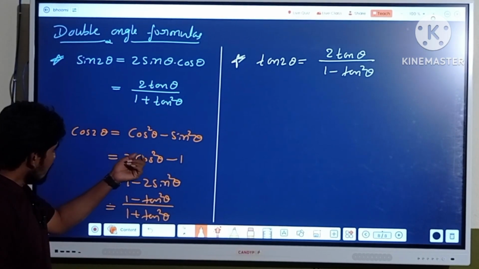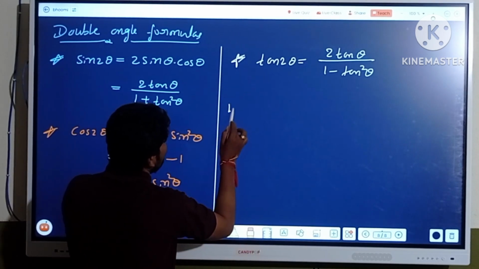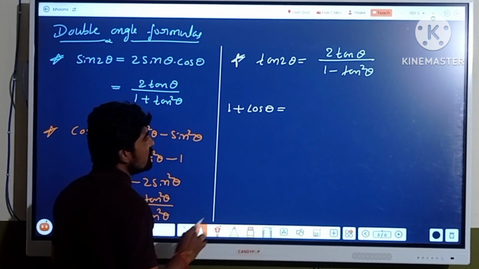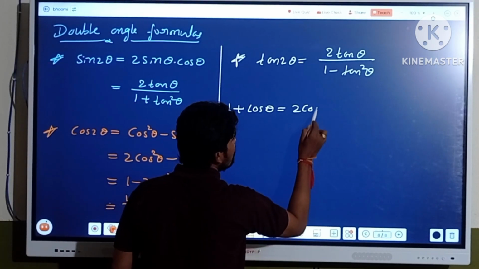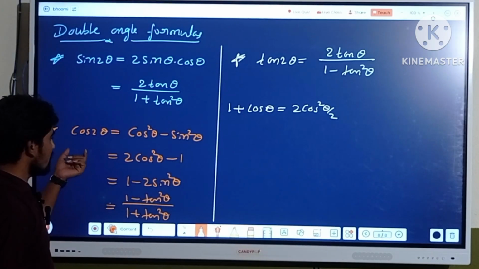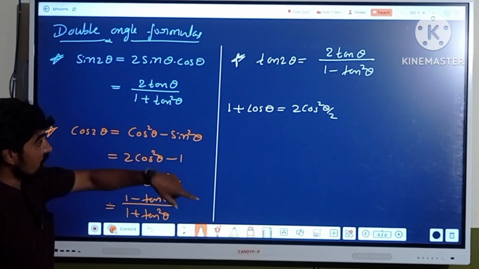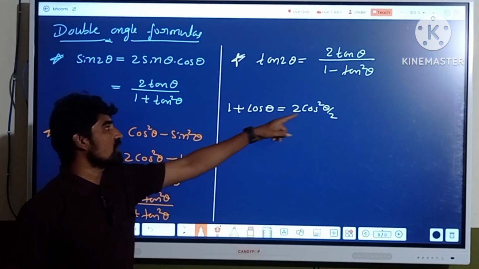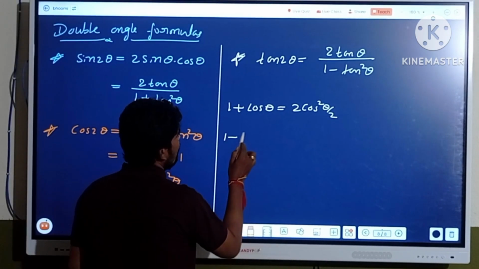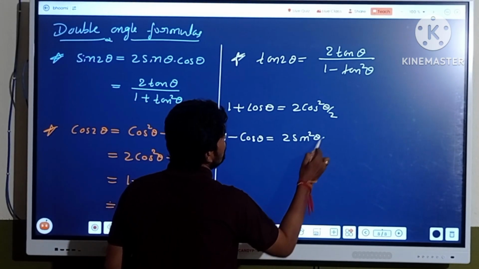And by using this cos 2 theta formula, 1 plus cos 2 theta is equal to 2 cos square theta, shifting minus 1 towards the right side. So by using half angle formulas, 1 plus cos theta is 2 cos square theta by 2. And 1 minus cos theta is equal to 2 sin square theta by 2.